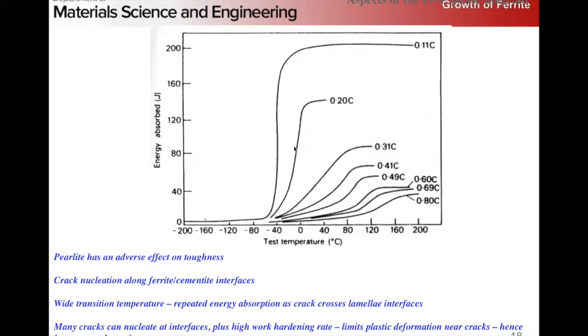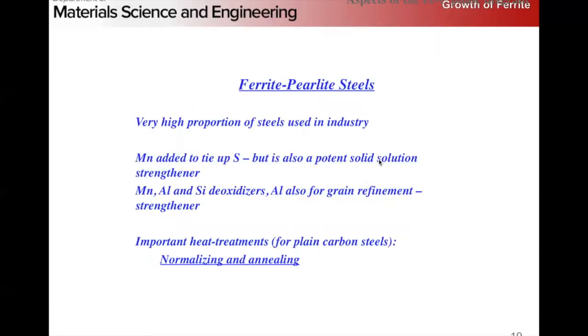So we're going to have many cracks that nucleate at the interface and a very high work hardening rate, which limits our plastic deformation zone around the cracks. So we have a low energy absorption situation, right? And we can see the effect of this here.